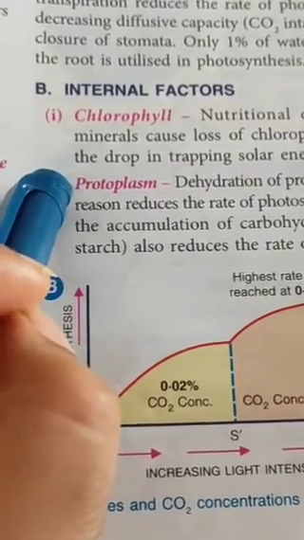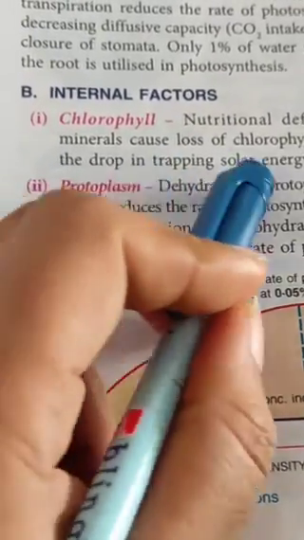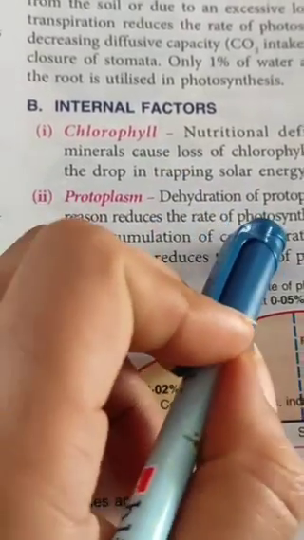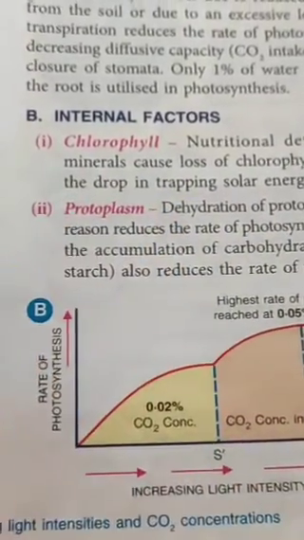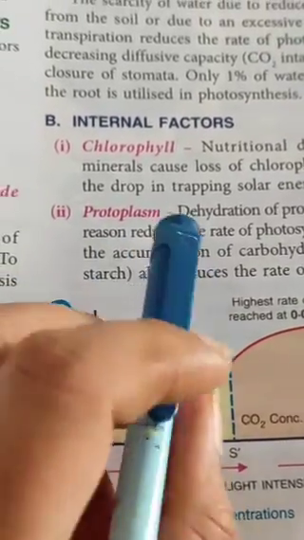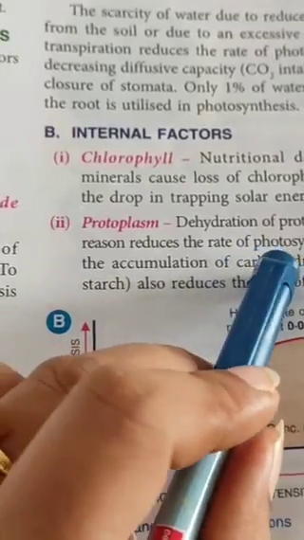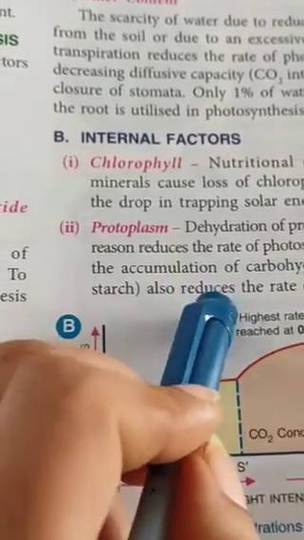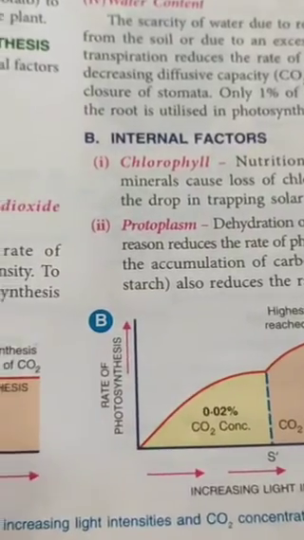So if it is dehydrated, dehydrated means having deficiency of water, rate of photosynthesis is definitely going to reduce with dehydration of protoplasm. Secondly, if there is more accumulation of carbohydrates, ज़्यादा carbohydrate जमा हो रहा है cell में, this also reduces the rate of photosynthesis.